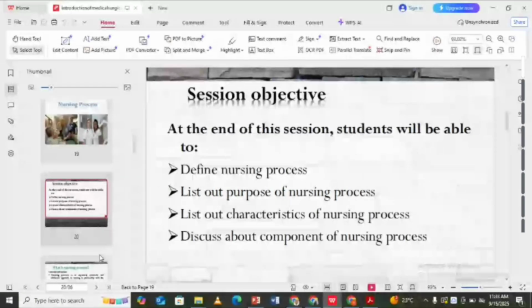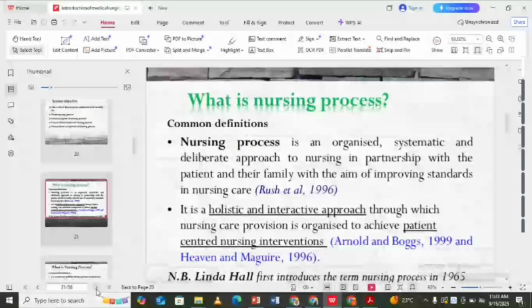So it has to be very systematic, organized, systematic, and deliberate approach to which now nursing care is provided to the patient and their families. And what we are aiming here is just to improve the standards and the quality of care that is provided to our patients. It's very holistic.